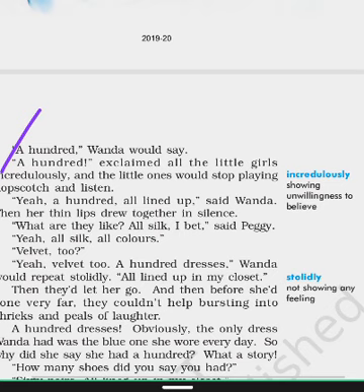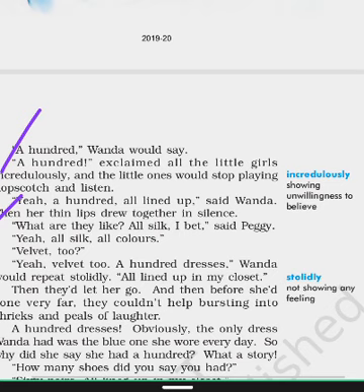Then this time in explanation, "A hundred!" exclaimed all the little girls incredulously, and the little ones would stop playing hopscotch and listen. Incredulously means not believingly. They exclaimed that Wanda Petronski has 100 dresses. Then Wanda says, "Yeah, 100, all lined up."